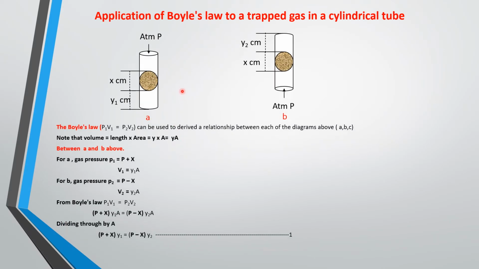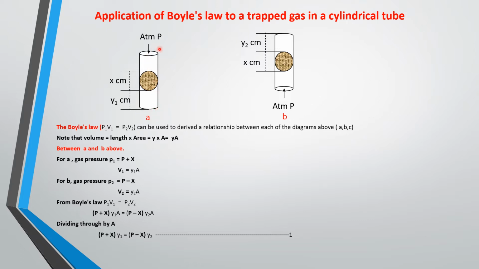Okay, so using Boyle's law, we can actually find the volume of the trapped gas at different conditions, when the tube is held vertical, or when it is held upside down, that is inverted. So in this particular case, when the tube is held vertical with the closed end at the bottom, we've said that the pressure will be equal to what?